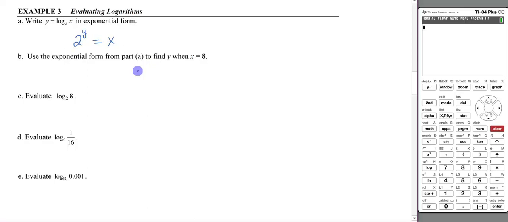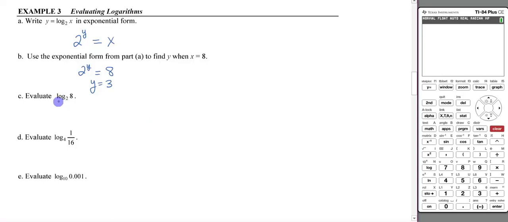So use the exponential form right here from part A to find y when x equals 8. So 2 to the y equals 8. What kind of exponent should you put on 2 to turn it into 8? That would be a 3. So y must equal 3.